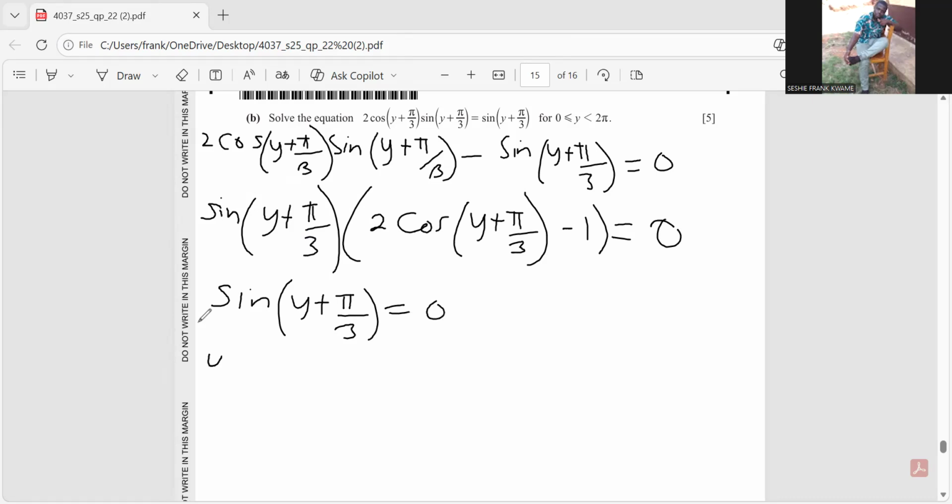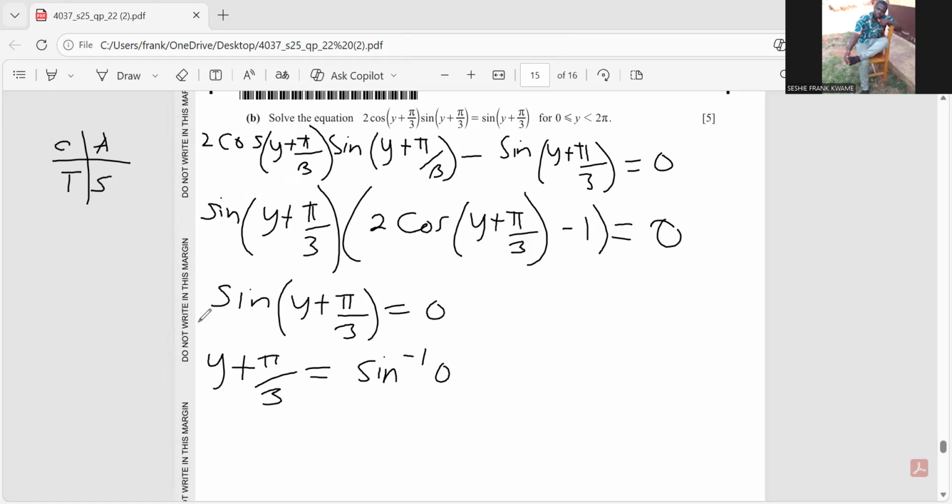So in that case, y plus pi/3 is the sine inverse of 0. Now, what would the value of sine inverse of 0 give you? So sine inverse of 0 is the value plus pi multipliers, because what's the cast diagram?